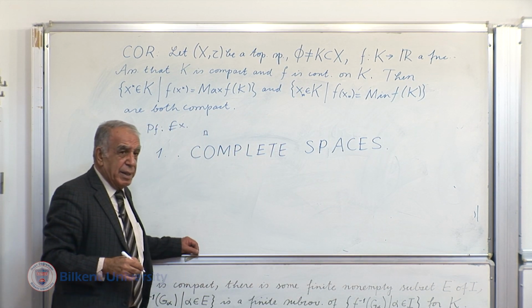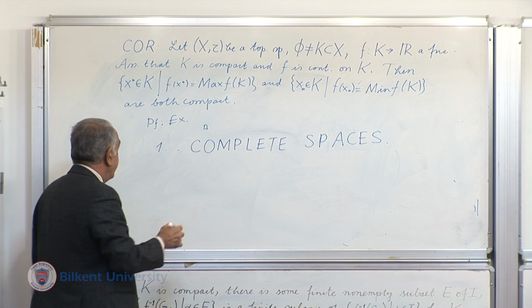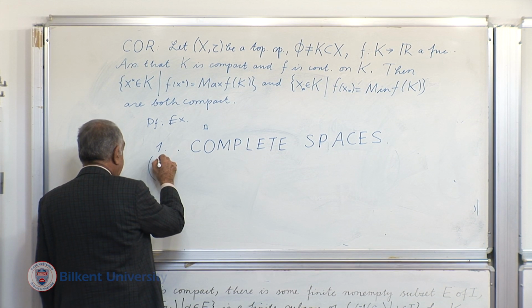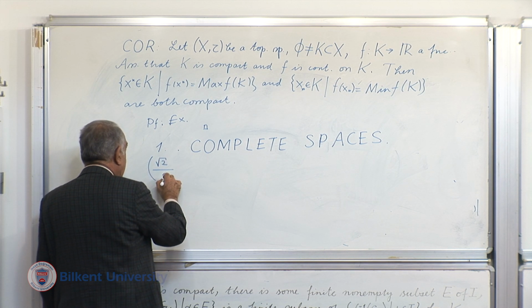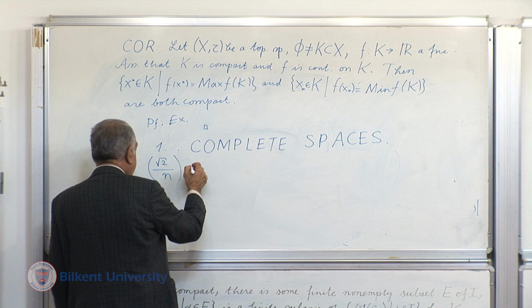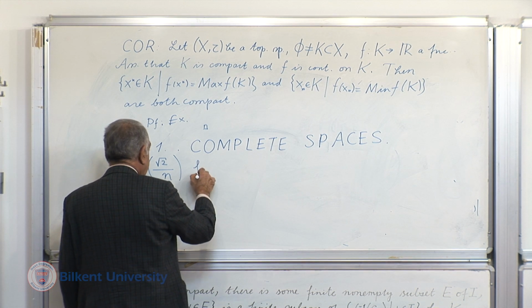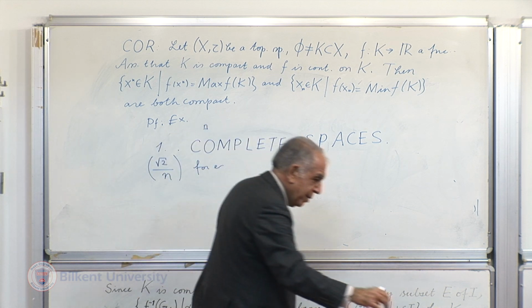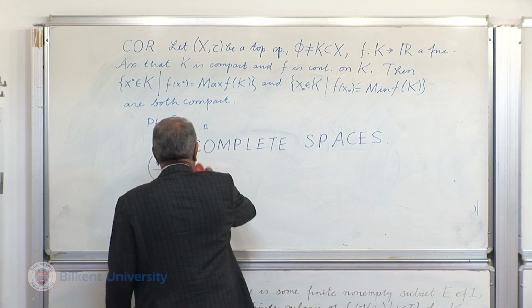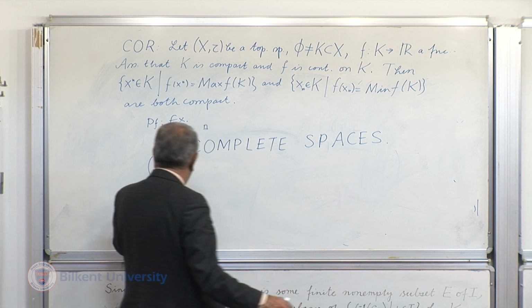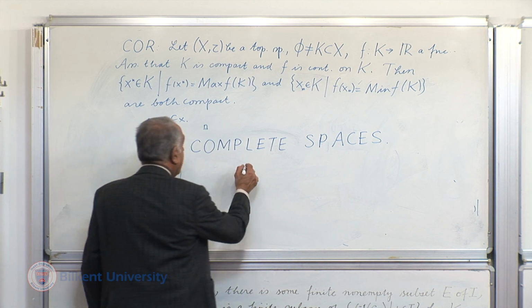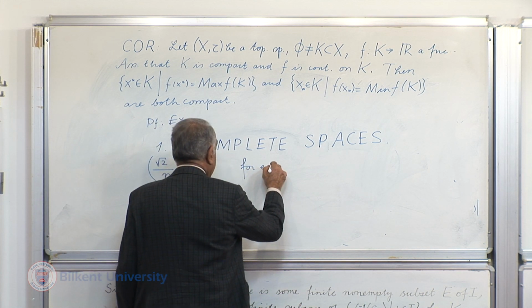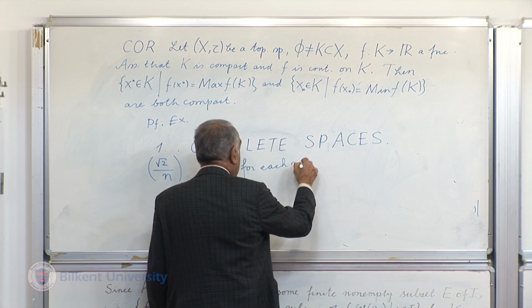Now let's start with an example. Let's consider this sequence. Now let me write it like this. n will be a natural number.